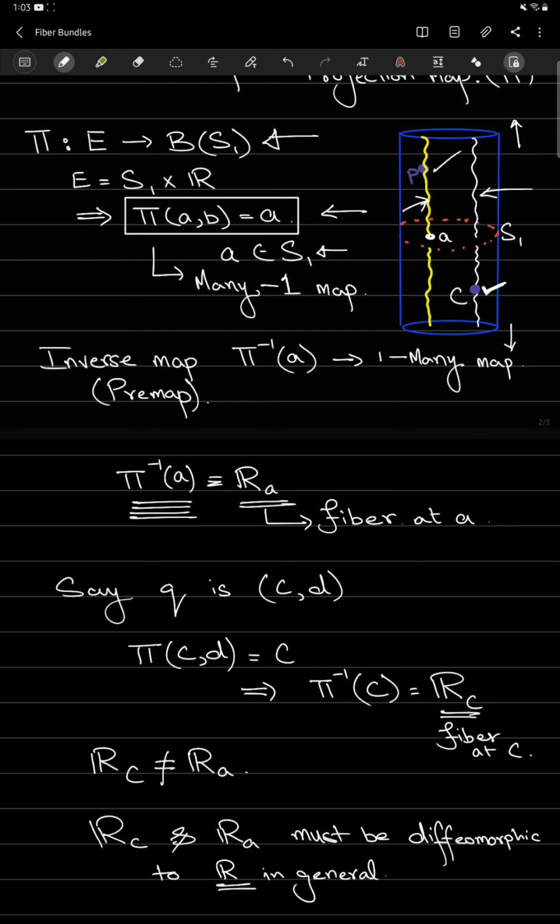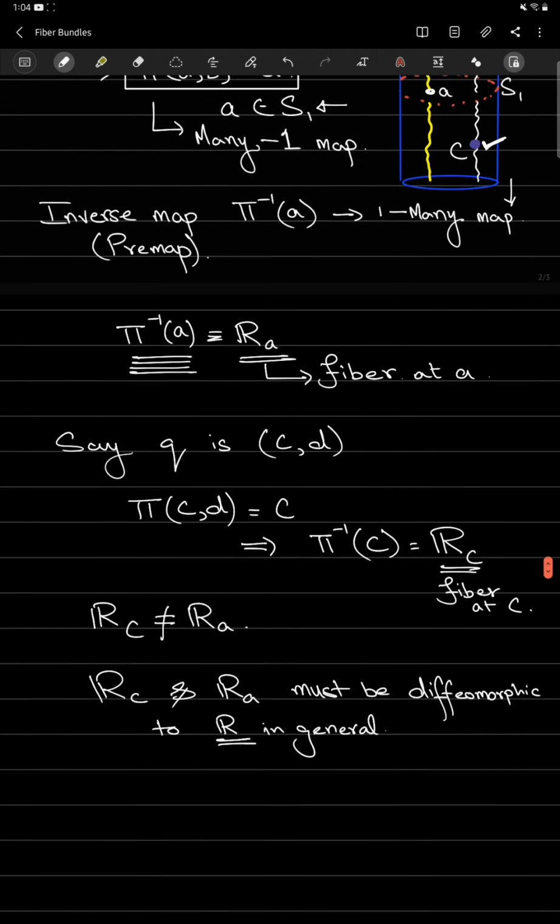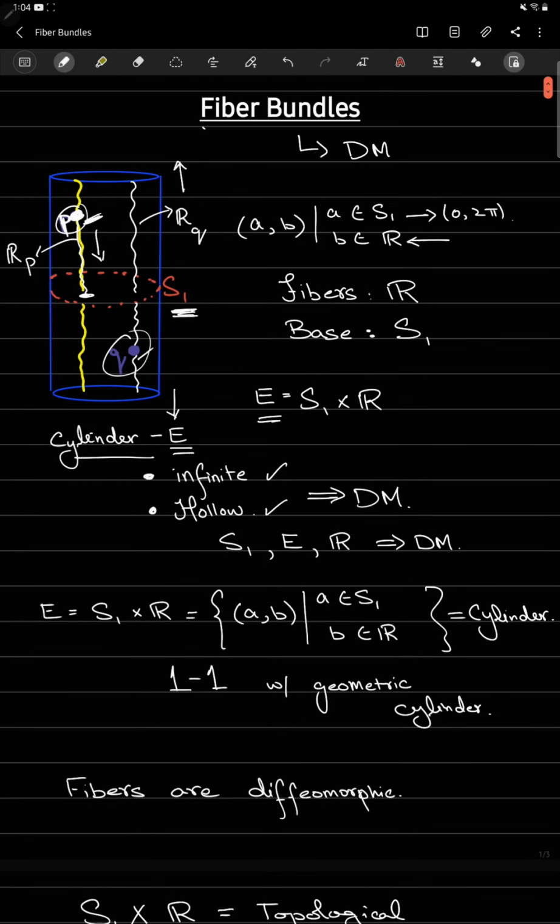But from this lecture, part 1 of fiber bundles, the key point is that the inverse map has to be diffeomorphic to what we are calling the fiber, and only then would you have a fiber bundle, right? So let's end this lecture here, and we'll continue talking about fiber bundles in further videos.